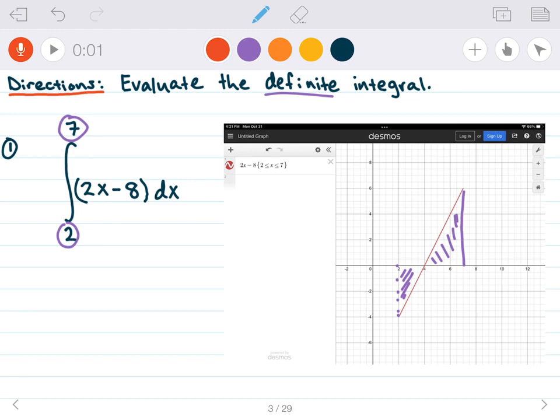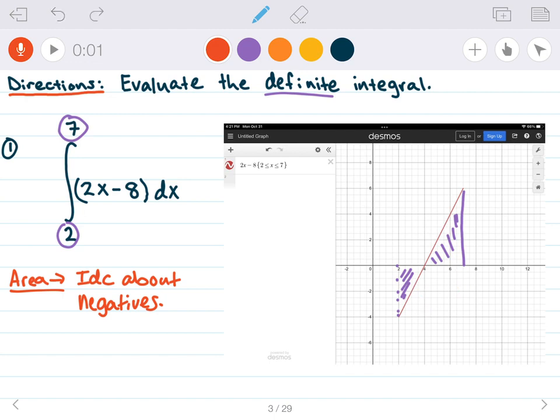Now, if I just talk about area, I don't care about negatives. However, there's a little bit of a distinction with integrals, okay? If I'm asking for the total area of this, I would just take the area of this and add it to the area of this, right? But I'm not asking that.